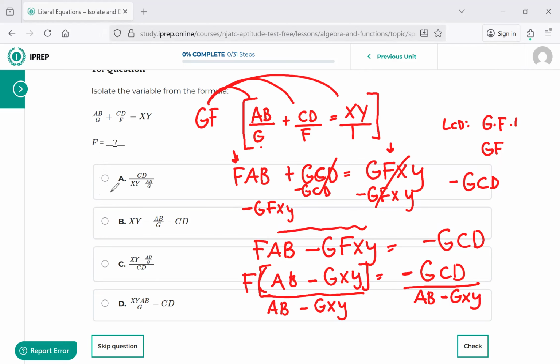If I had to guess, it would be G. I think it might be A because if you divide GCD by GXY, the G's cancel. So you're left with CD and then you're left with XY. So I think it could be A. Let's see. That's my guess.